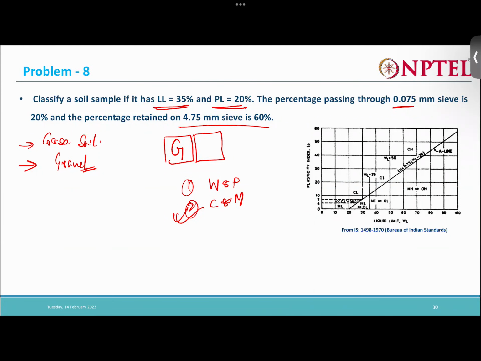Correct, that is more than 12%. So this will be C or M. Now please tell me, it will be either C or M.